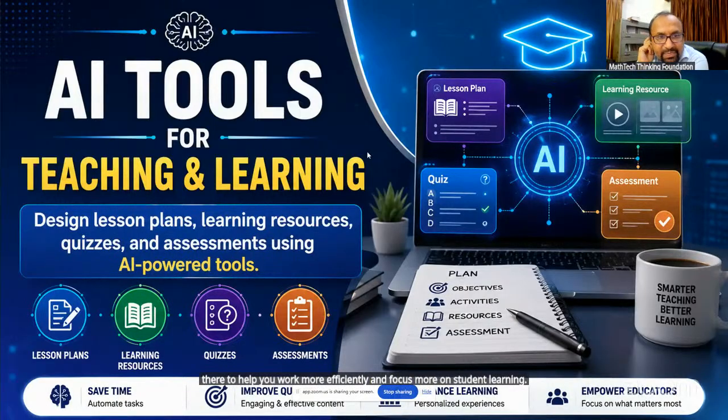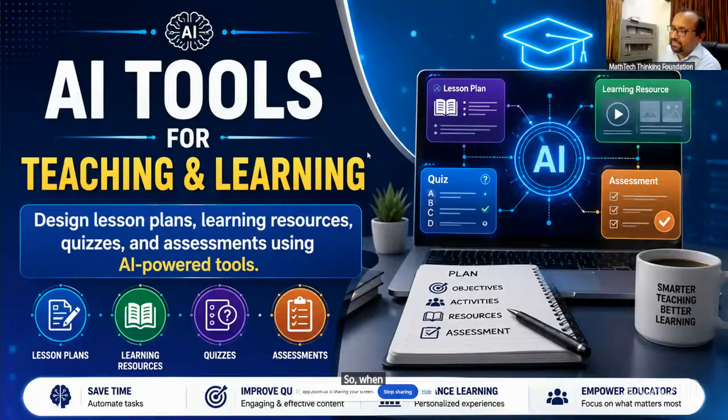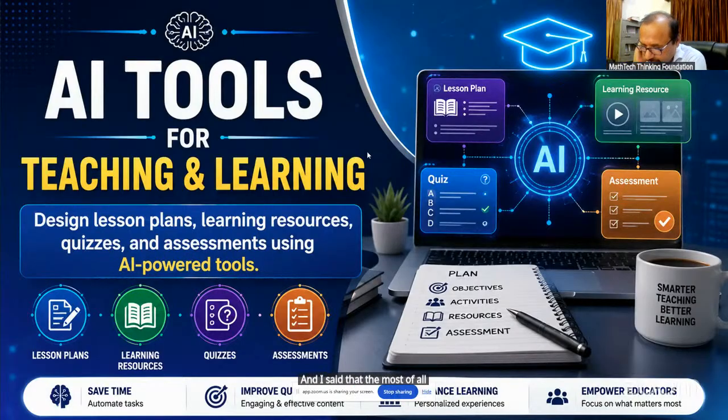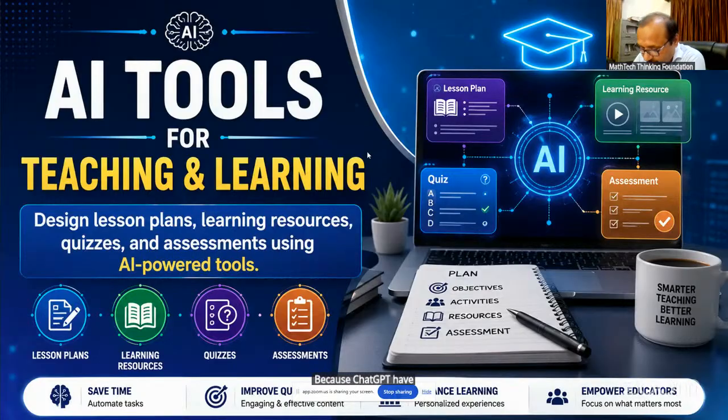There are various tools, just like yesterday we talked about ChatGPT, Claude, Google Gemini, Microsoft Copilot, and Perplexity AI. Today I spent about 5 hours comparing all of these, and I saw that ChatGPT meets most of the requirements for this task, because it has a lot of data and information from when it was developed.